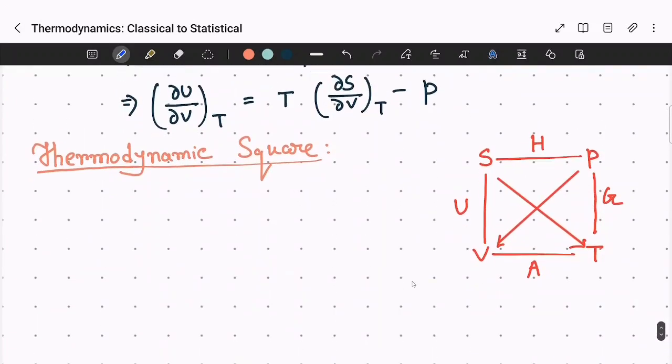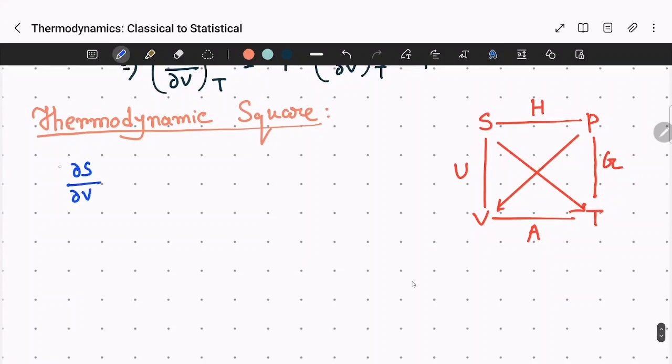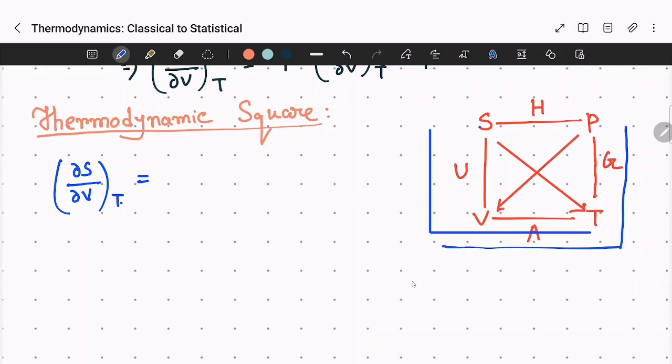We have to derive this del S del V at constant T, right? I'm discussing the tricks here. We just have to identify del S del V at constant T, which means S V T. We have to read it like this: S to V then T. Now that will be equal to, you have to draw it in this way.